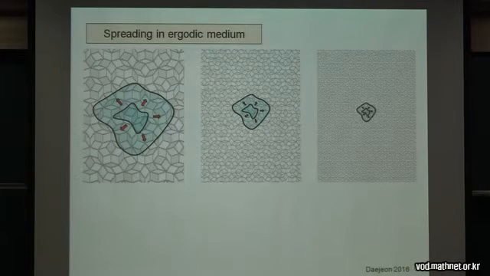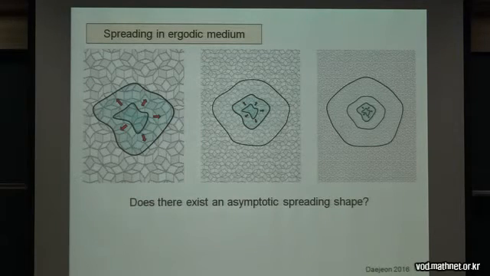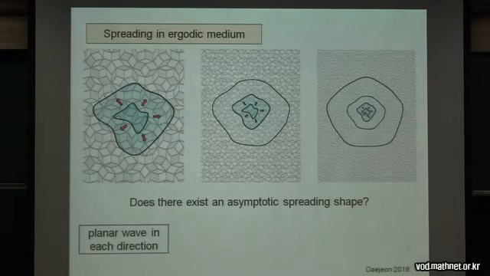If you look at it from farther away, on a larger scale, what is the eventual shape of the front? In the periodic case, in many situations, it's well understood. But in the ergodic case, it is still unknown, although there is a conjecture.